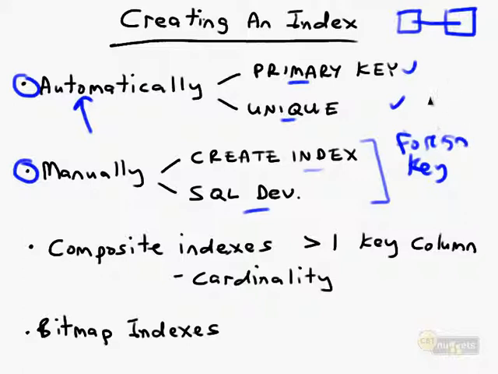Oftentimes, a database developer will index on a foreign key column as well. In other words, create another index that keys on the foreign key to improve the join performance in those complex queries. Essentially, the guiding principle in terms of creating indexes is you need to really analyze and get a handle on the kinds of queries that your users need to perform on your data, and let that be your guide.